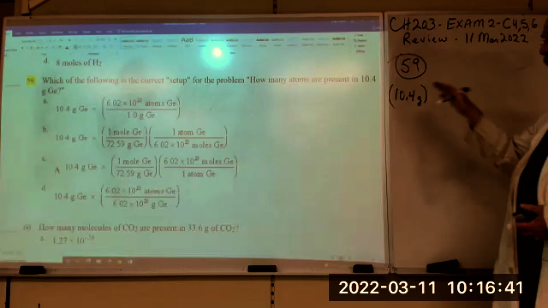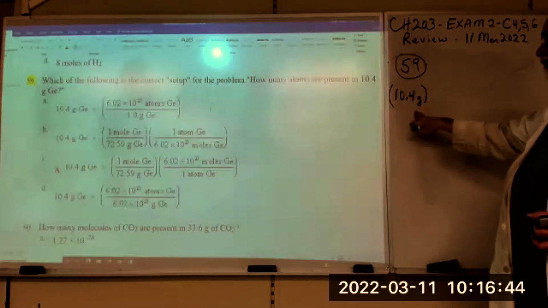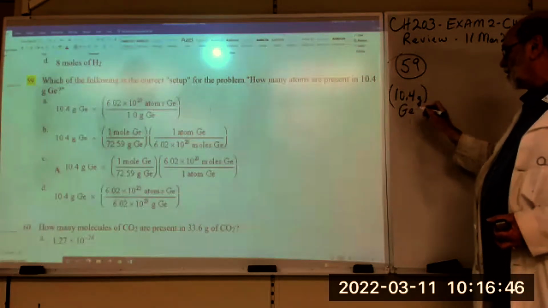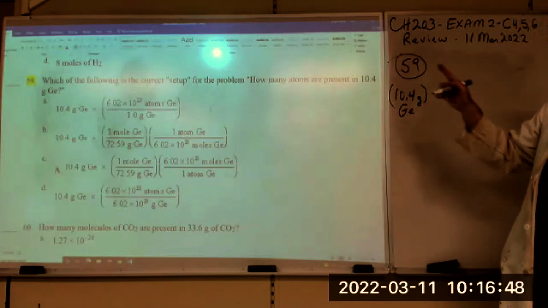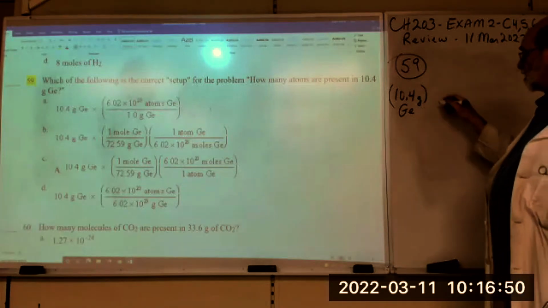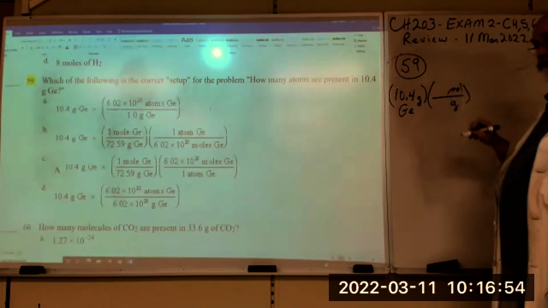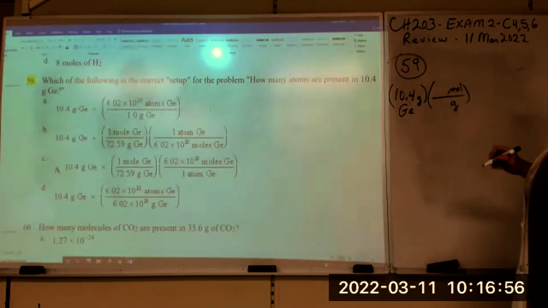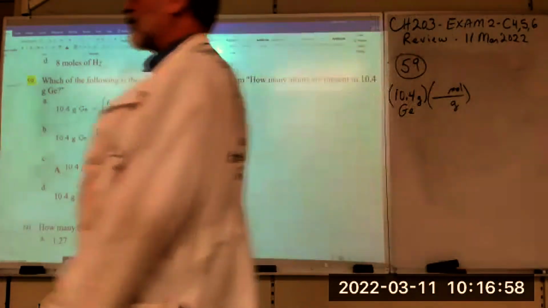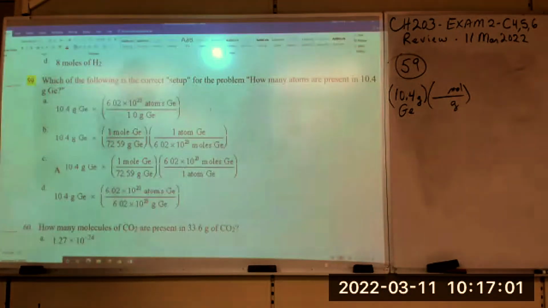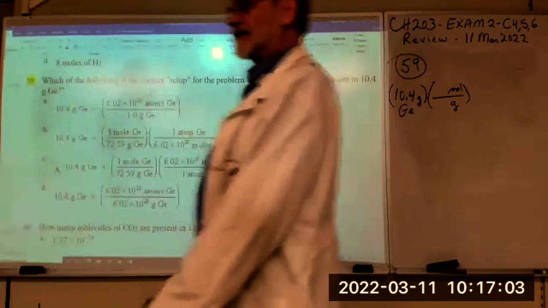We're converting from one unit to another. Grams of germanium to atoms of germanium. So we need to get rid of the grams and make moles first. So germanium, I don't have that memorized. 72.59.